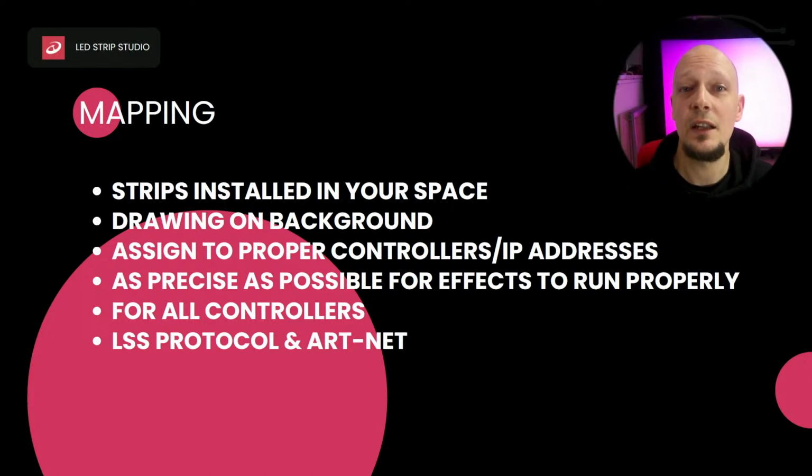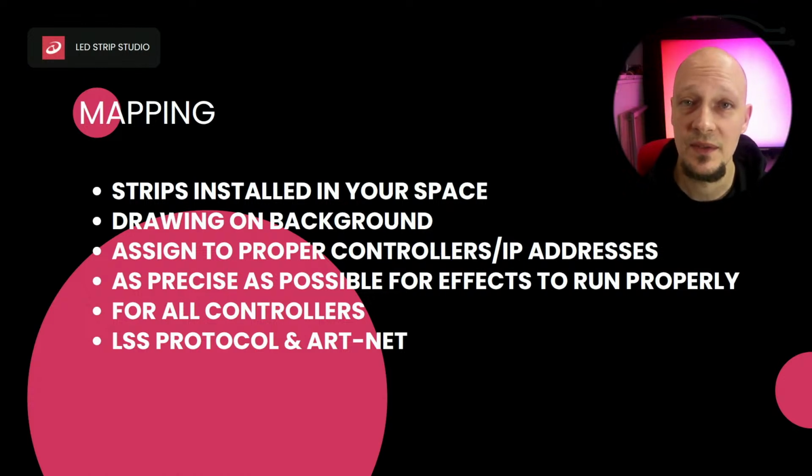You installed your LED strips, pixels, lights around your space, let's say around your room, and you want to tell the software, okay, I have these controllers and I have installed LED strips, and to which controller you've connected the strips, which IP you are using for that controller, to which output, and basically how many pixels there are, of course, and where you have installed them.